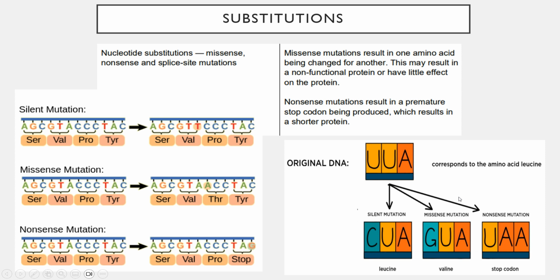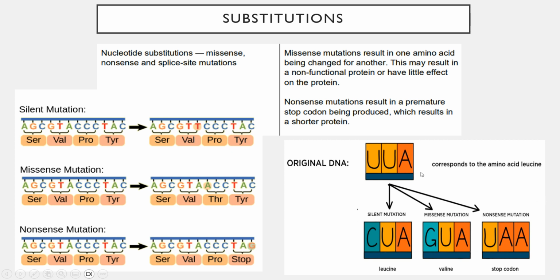Whereas in our missense, the U has been replaced by a G. Instead of the leucine being added, valine is added in its place. So although only one amino acid has been changed, it can still have a result on the final structure of the protein.